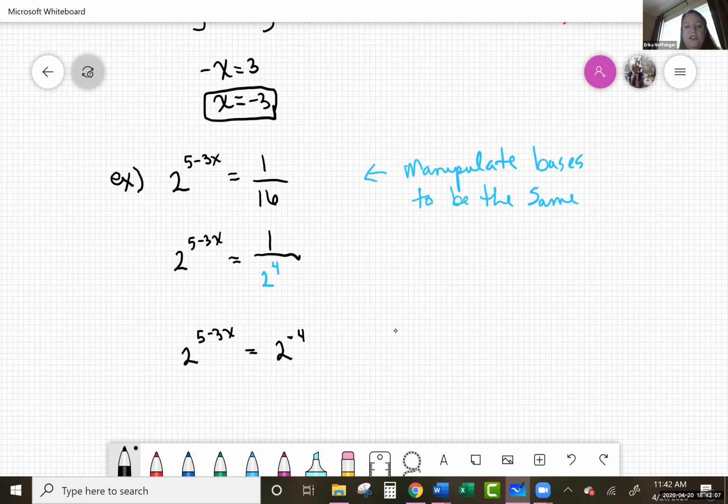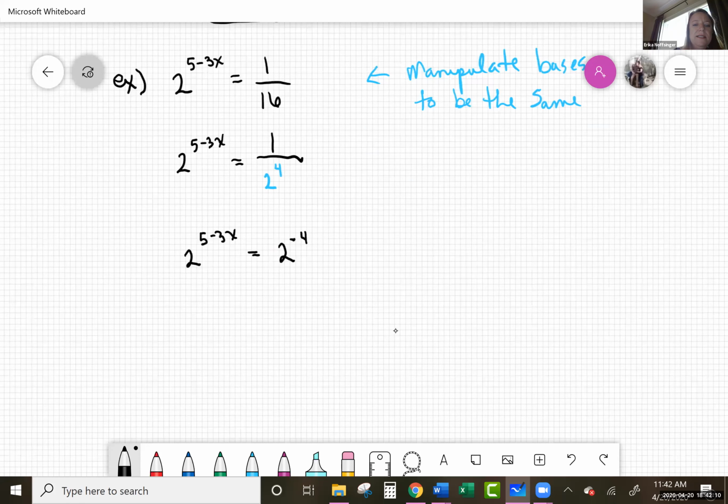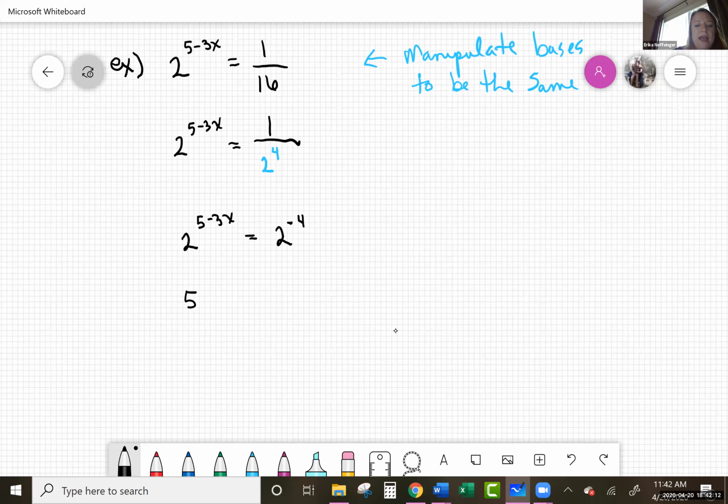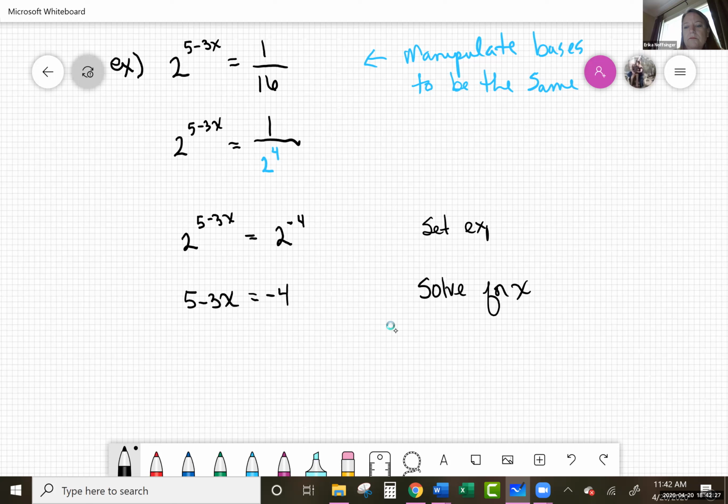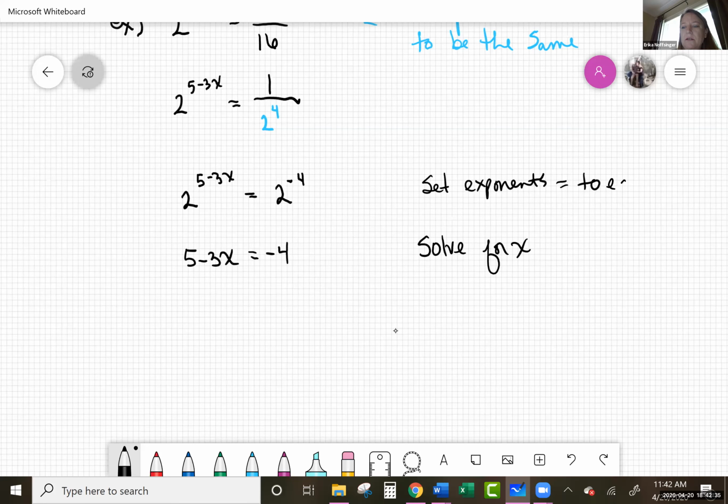And so now we can use our rules of exponents. We have the bases the same, so we can say my exponent of 5 minus 3x has to equal negative 4. So now we can solve for x. Let's subtract 5 on both sides.